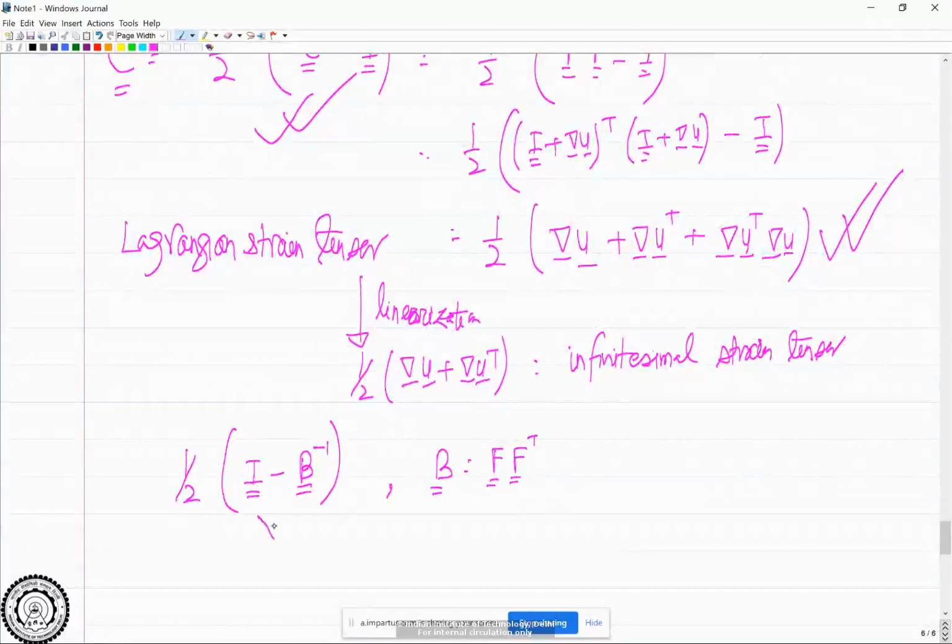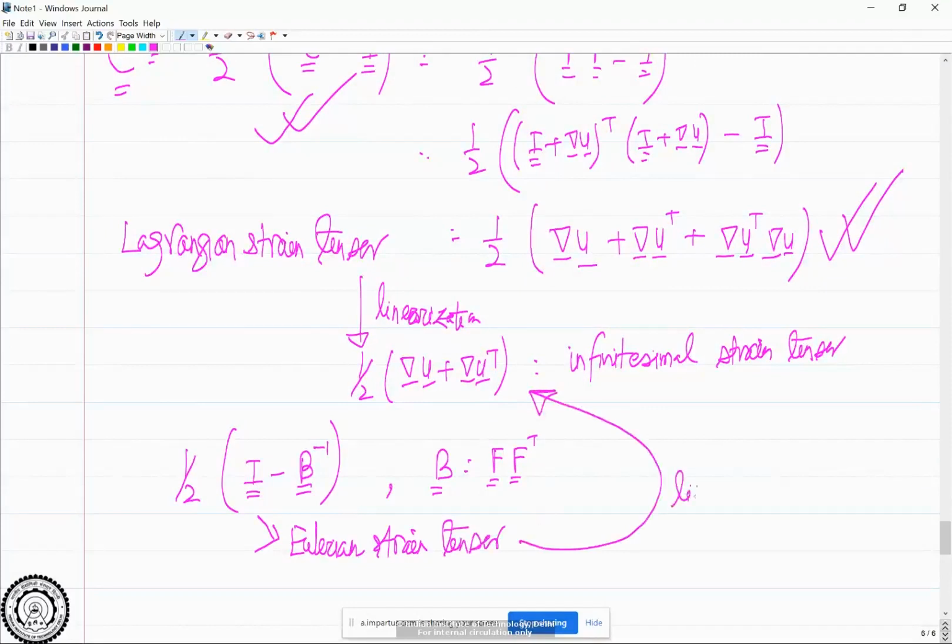This is called the Eulerian strain tensor. And when you linearize, you get back the same thing. So for finite elasticity, the Lagrangian and Eulerian strain tensors are different, but after linearization both give you the same formula.